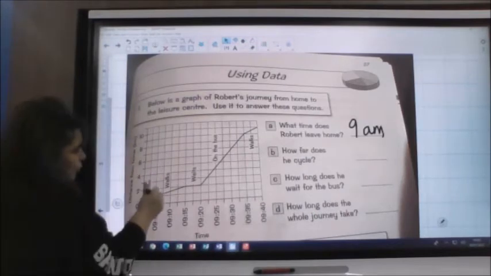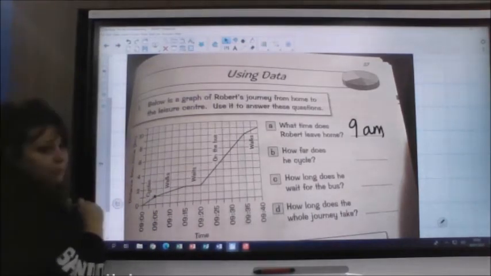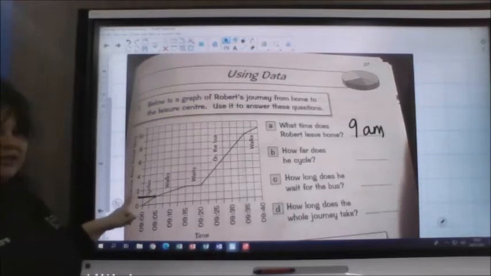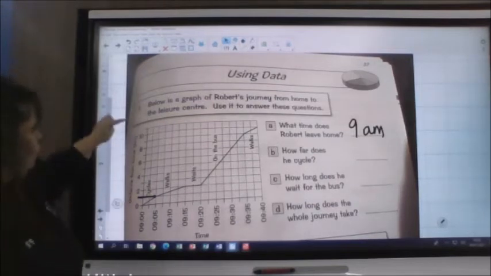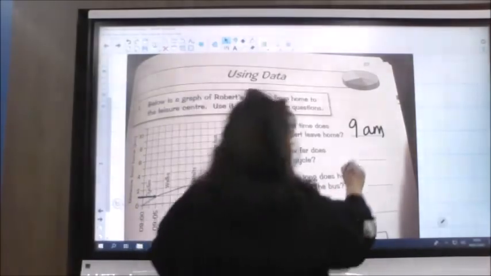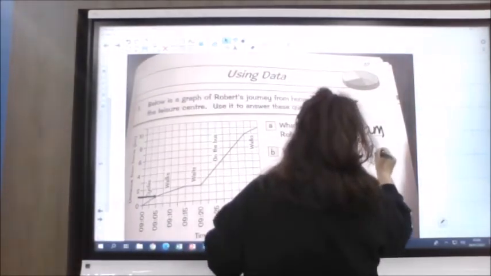Okay, there's definite points. So that's when he stops. So if you use your ruler and you draw a line going across there, you will see it's dead on that line. Okay, on that line in between the 0 and the 2. We're using kilometres, so we know that's 1 kilometre.